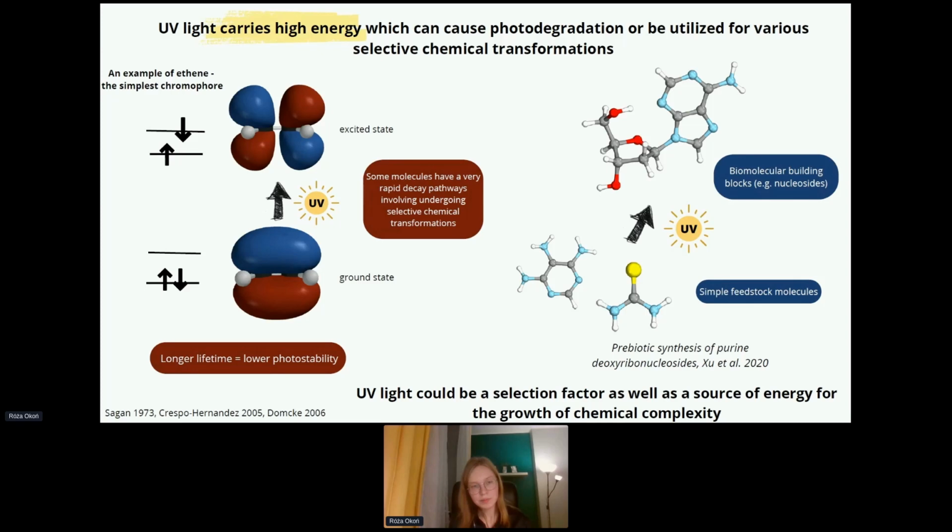And when you think about it, we can conclude quite naturally that if the lifetime of such an excited state is long, meaning that the molecule spends a lot of time having unpaired electrons and being so highly reactive, the chance for undergoing different processes becomes higher and higher.